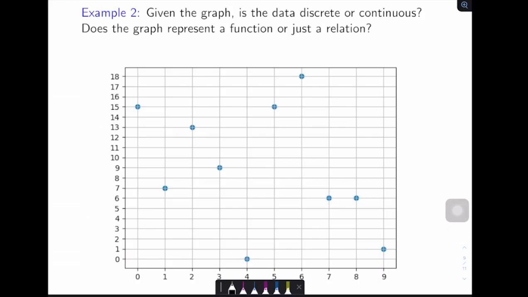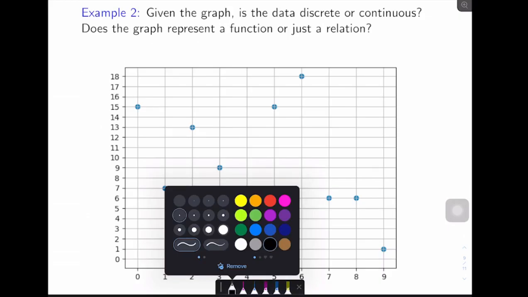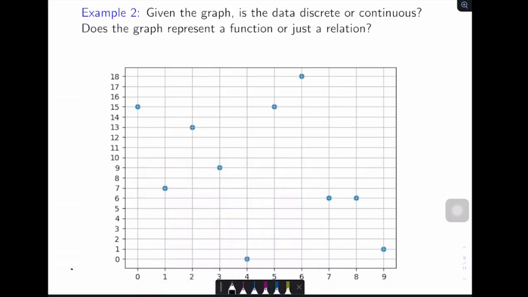So I'm going to start off again doing a vertical line test. Let's try to make my marker a little bit thicker here. There we go, that's a bit thicker. Now let's see. Do we cross at any x in just one place?